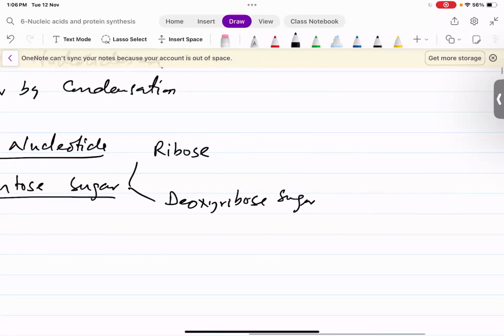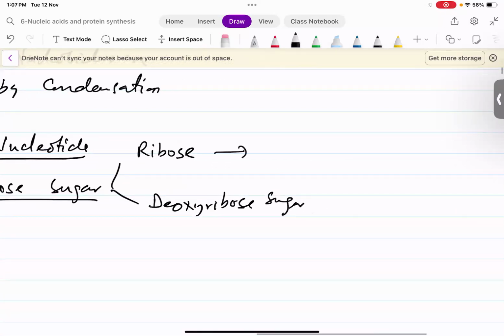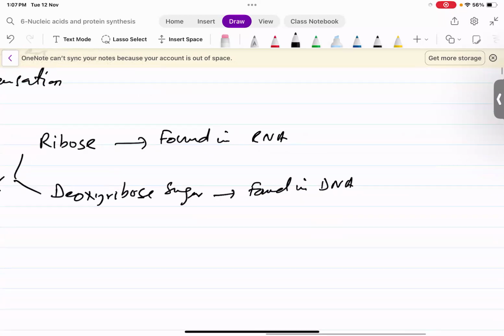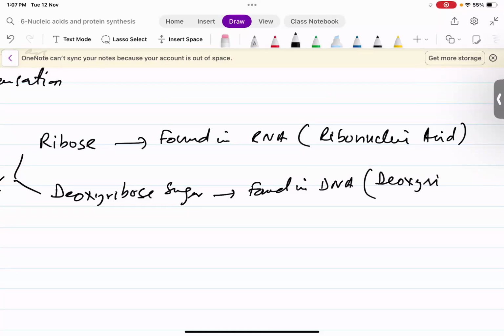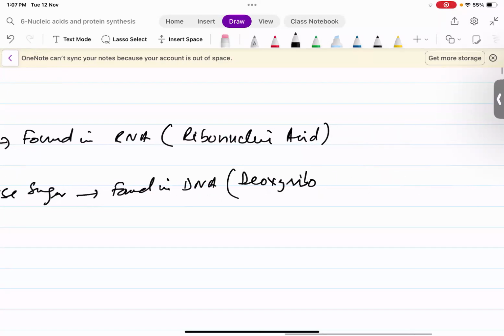Ribose sugar is found in RNA, and deoxyribose sugar is found in DNA. RNA stands for ribonucleic acid, and DNA stands for deoxyribonucleic acid. Okay.